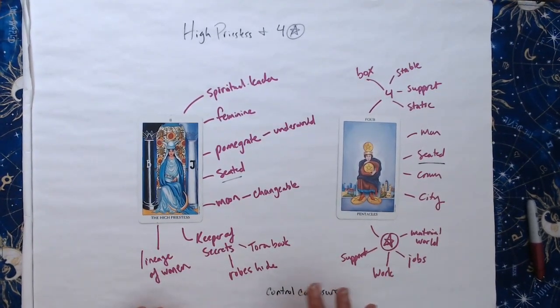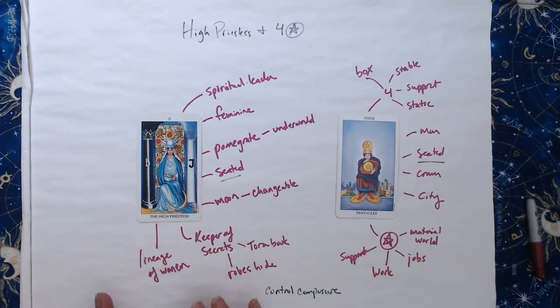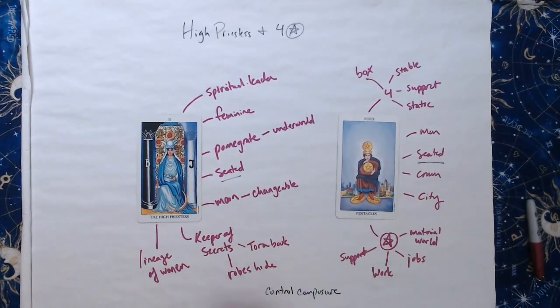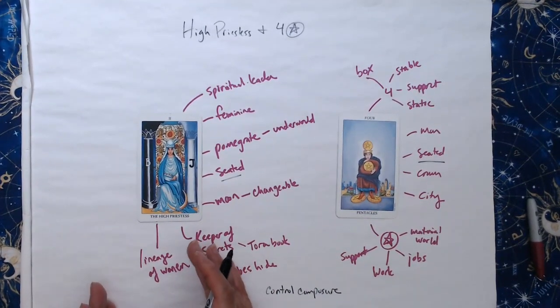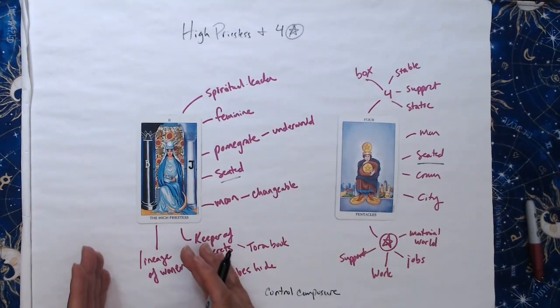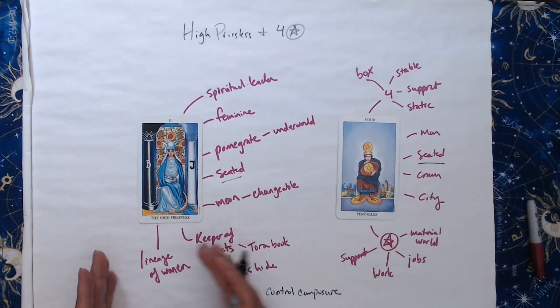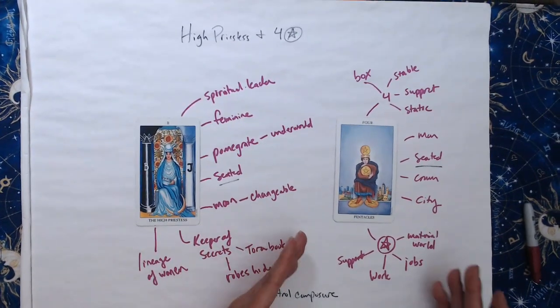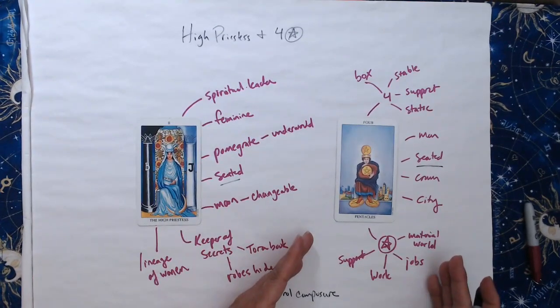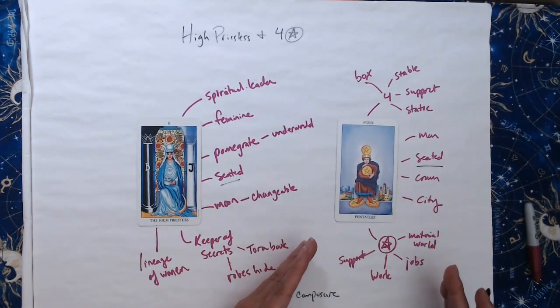I think we have more differences here. This is a woman, that's a man. The High Priestess is more about spiritual things and about secrets and mysteries. And this card is more about the material world and stability.